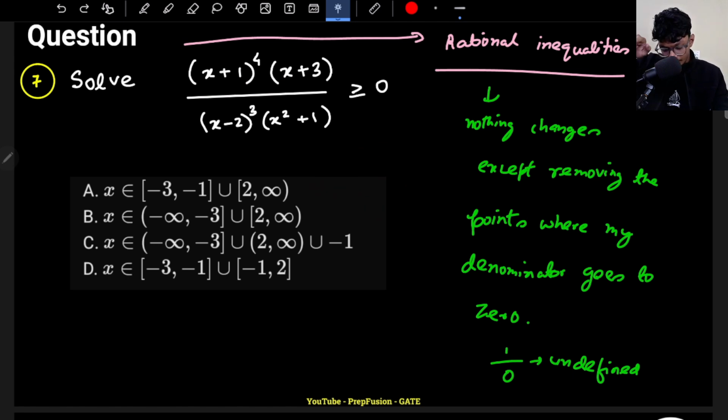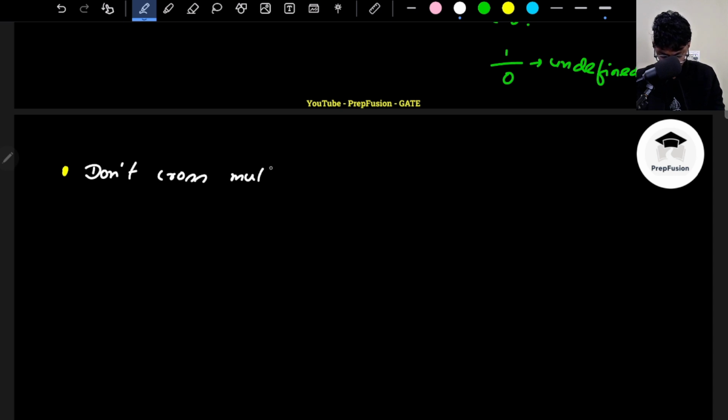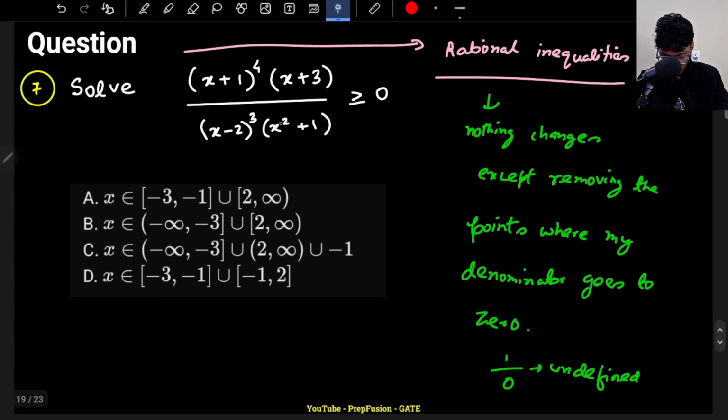Don't do it, because another thing is, don't cross multiply rational inequalities. Why am I recommending you to not cross multiply rational inequalities? Because I cannot discuss the sign, because this has many signs.